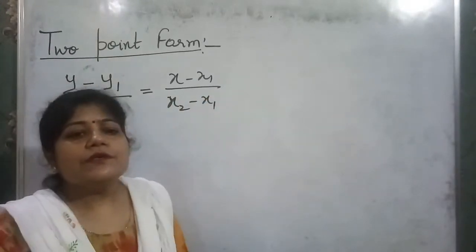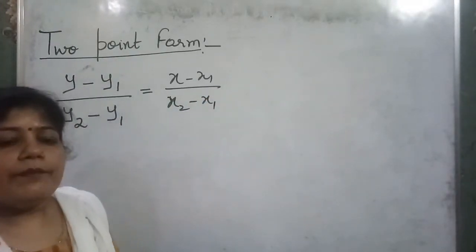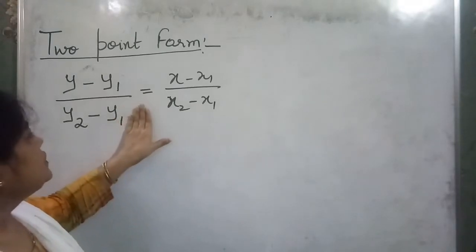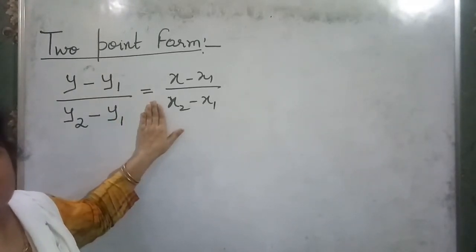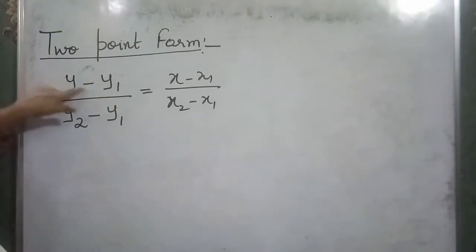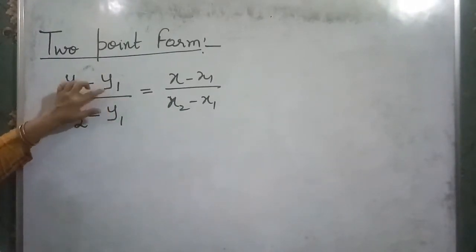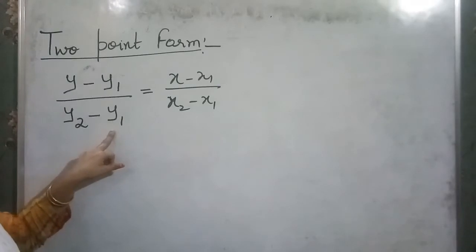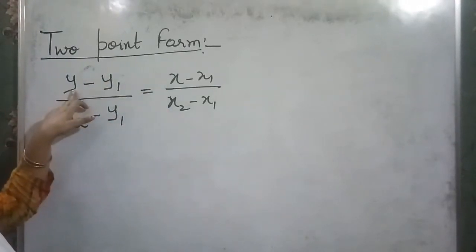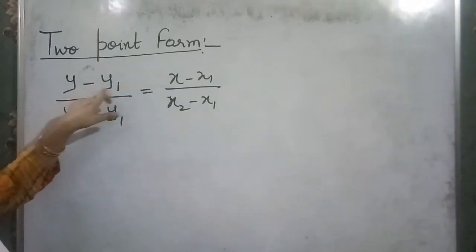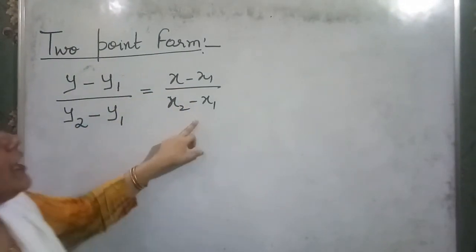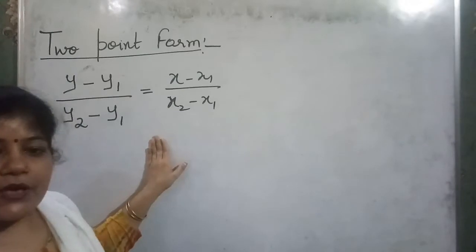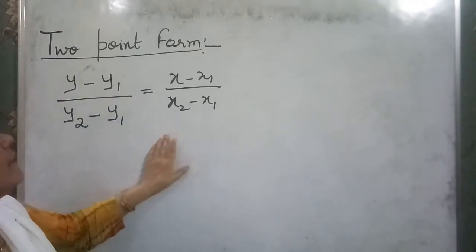In some books the formula is different, but don't be confused. You just remember this formula because this formula is easy to learn. Just remember with me, y minus y1, then y2 minus y1. Similarly, in place of y we write x: x minus x1, x2 minus x1.